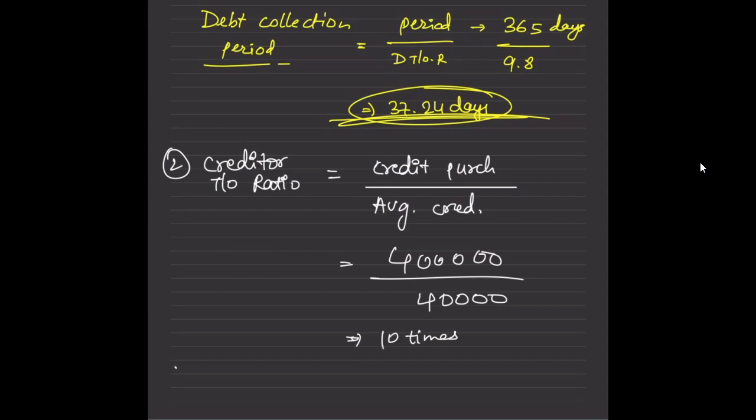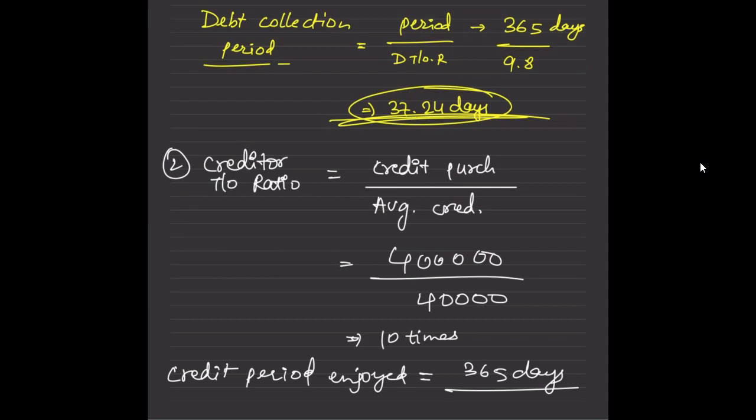And if I say how many days I am enjoying the credit, so credit period enjoyed, that would be your period, let's say 365 days divided by the creditor turnover ratio, that is 10 times.